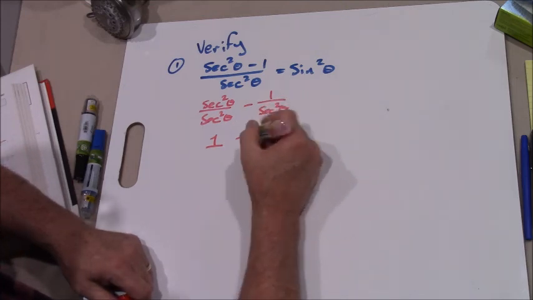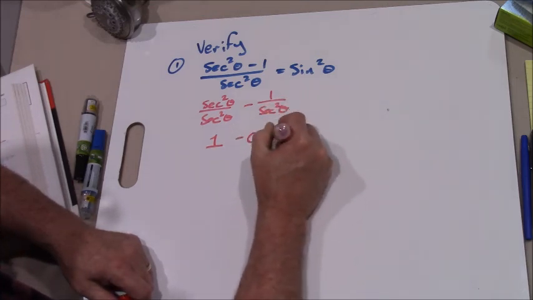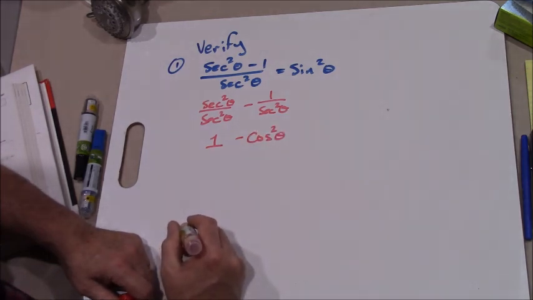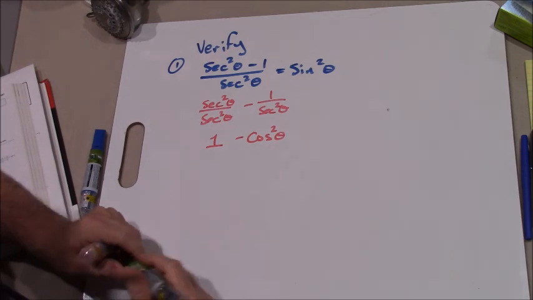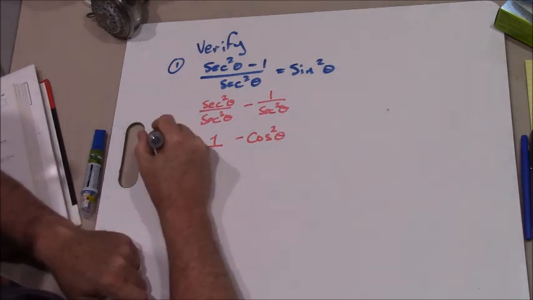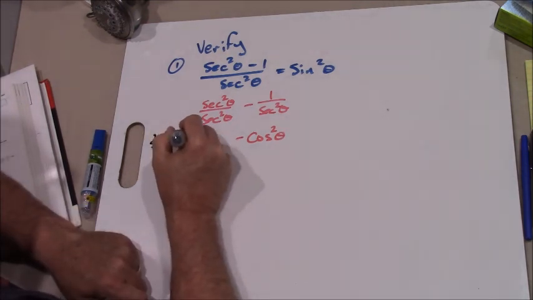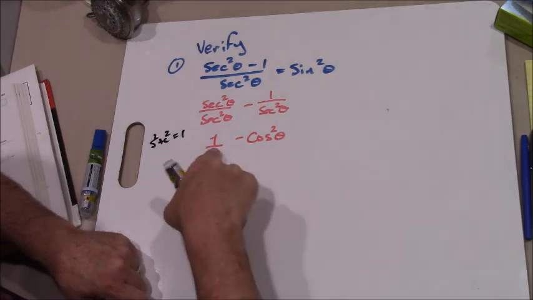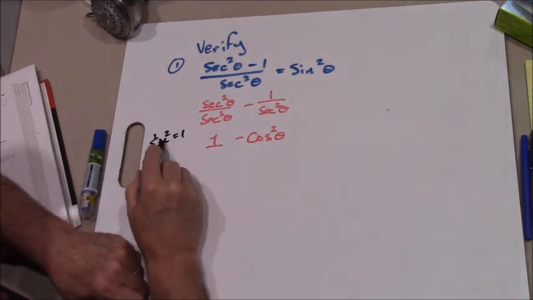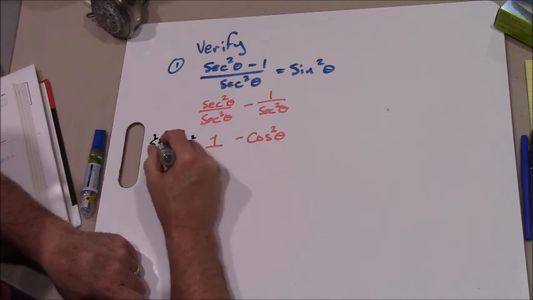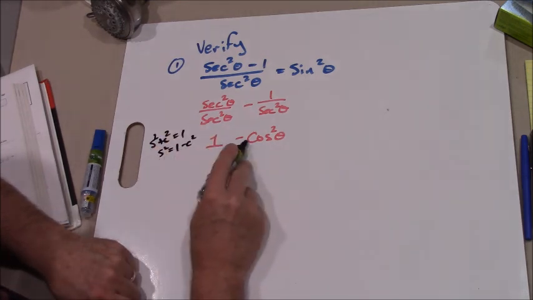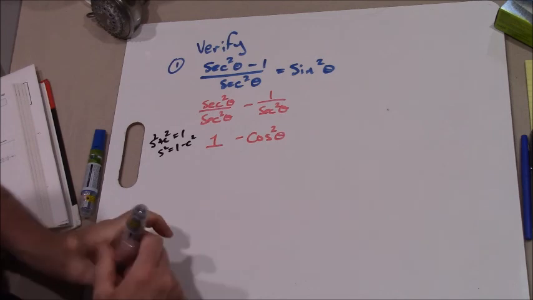So 1 over secant squared, that's a cosine squared theta. And now I look at that and say, well, that looks like one of our Pythagorean identities. Sine squared plus cosine squared equals 1. What I have is 1 minus a cosine squared, so I'll move the cosine over to this side. And so that right there really is equal to a sine squared of theta.